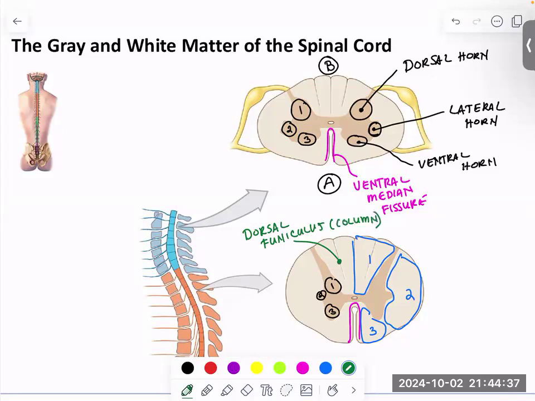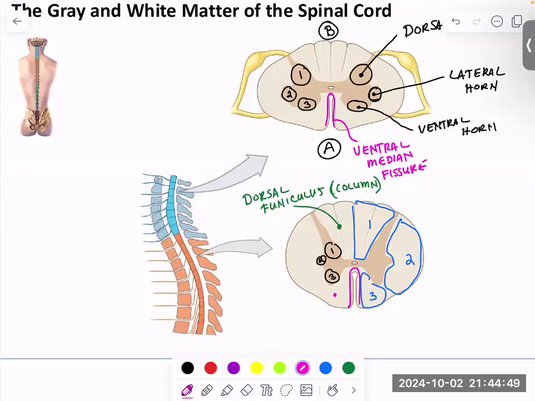I don't care which you call it. It has 2 names. Dorsal funiculus, dorsal column. What is region 3 in blue there in pink? Ventral column, ventral funiculus. Doesn't matter to me. You can use either. And this region? Lateral column, lateral funiculus. Again, you can use either funiculus or column for the white matter.